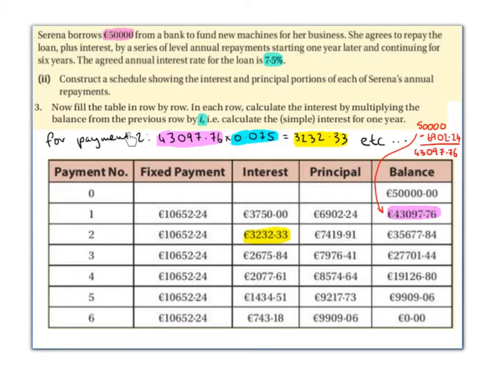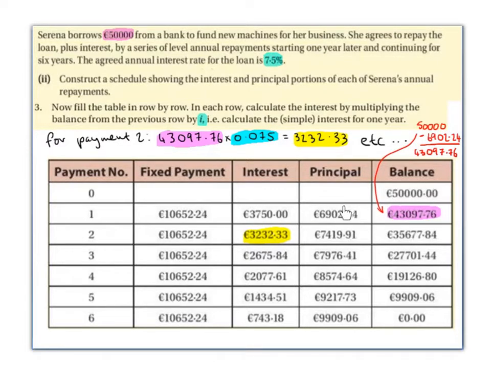For payment 2, the new balance is now €43,097.76. This is the new balance. We got this because we said 50,000, which was the previous balance, take away €6,902.24. So take away the principal, leaves us with the balance.